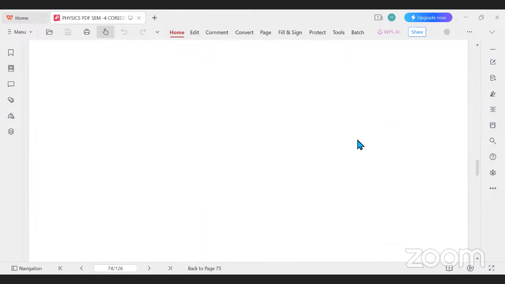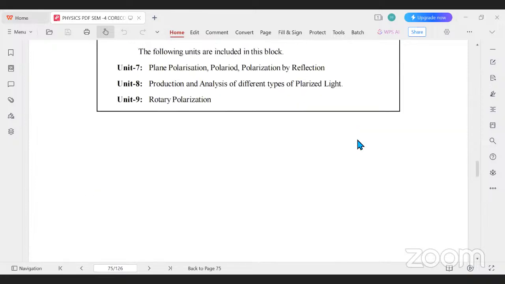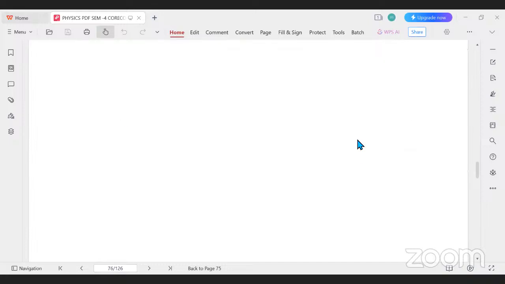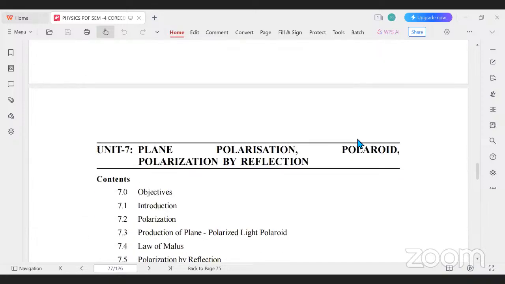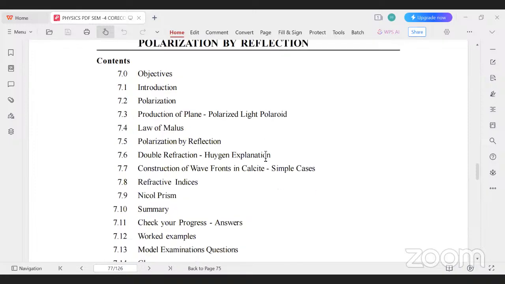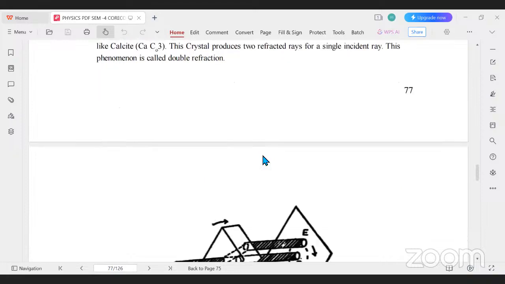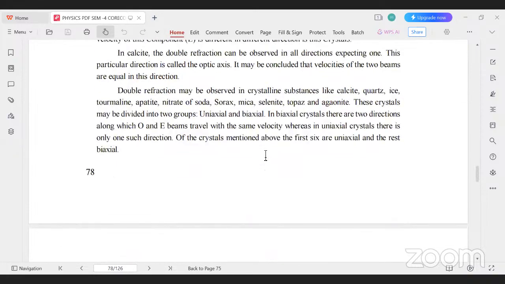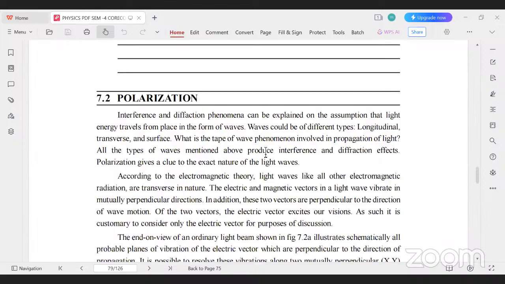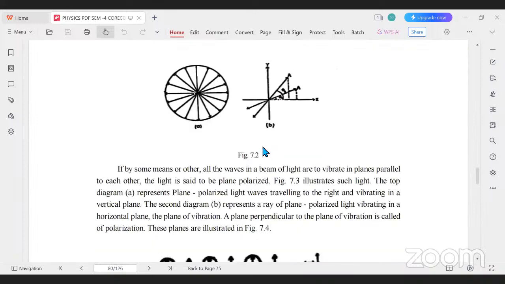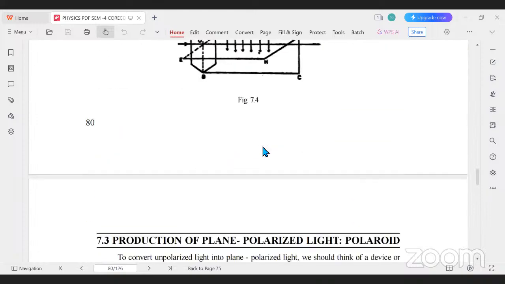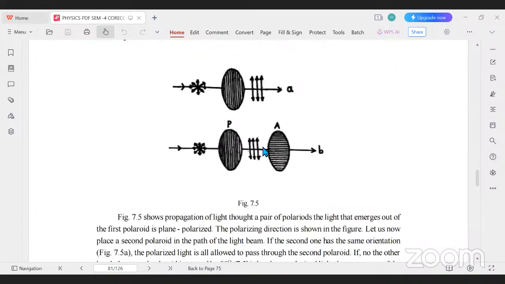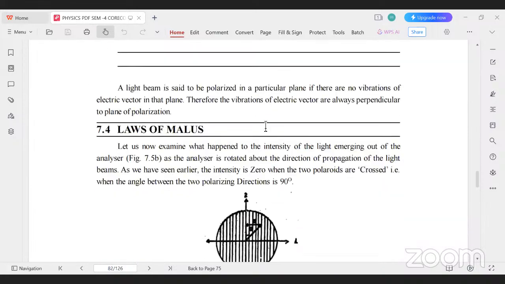Tomorrow we'll go a little faster, and the day after tomorrow we'll discuss polarization, including polarization by reflection. I just want to cover all the topics without going too deep, because if we go into depth it will be like research. We need to understand the concepts and how they work. Most of this is theoretical.